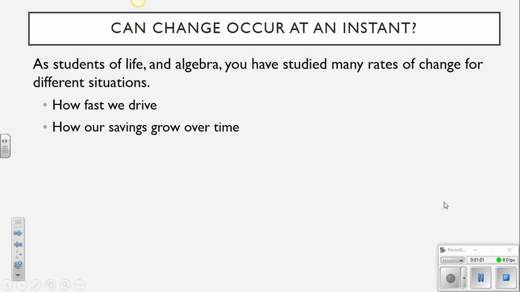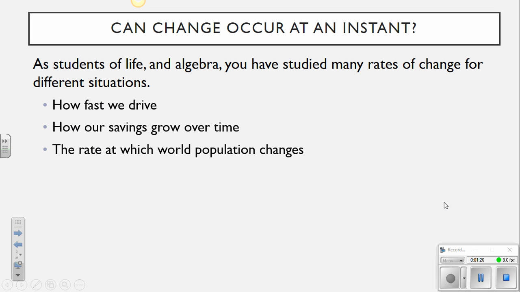Yeah, how our savings grow over time. A lot of parents may be talking about their 401k or saving for a college fund. Savings can grow over time in certain accounts in finance. You have a money market account, you have a CD account, etc. So you can earn money over time.